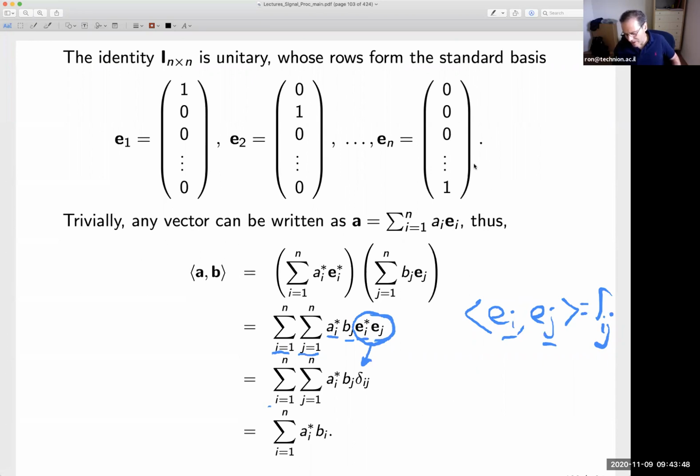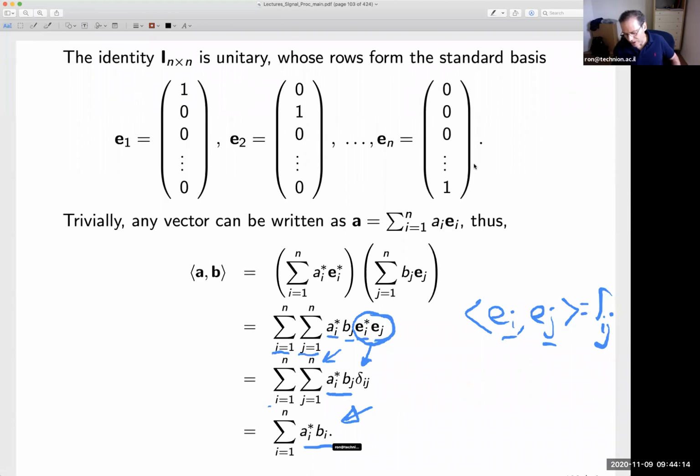Now remember that this delta_ij is summing over the coefficients only when i is equal to j. So I can eliminate one of the sums, because the delta is basically filtering out all the b_j's for which j is not equal to i. So I just end up with the following inner product.